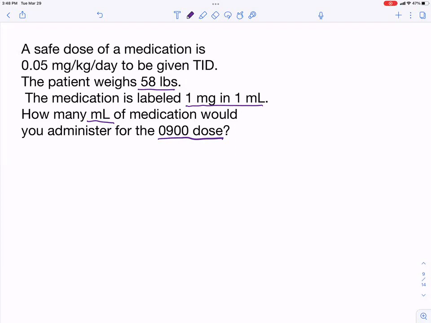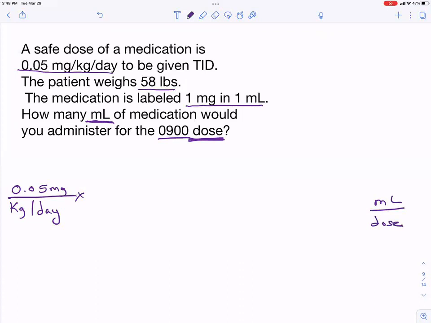But we always look for our given first, and the given is the order. So I start with my order, 0.05 milligrams per kilogram per day. What is my wanted? Well, this question tells you exactly. They want to know how many milliliters will you give at that dose. So I'm solving for milliliters per dose.